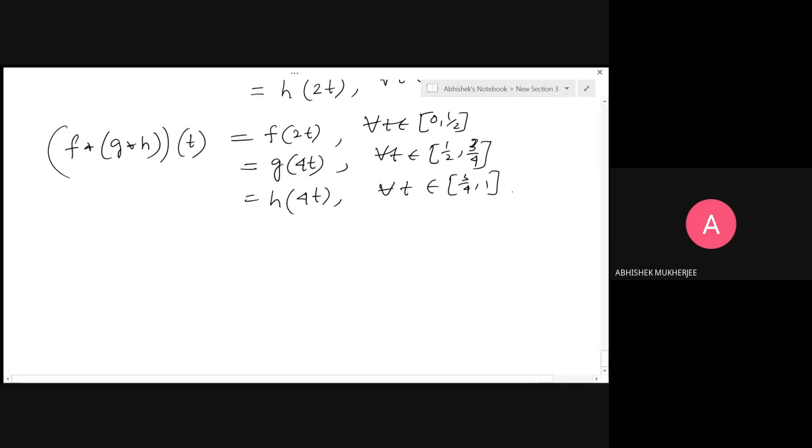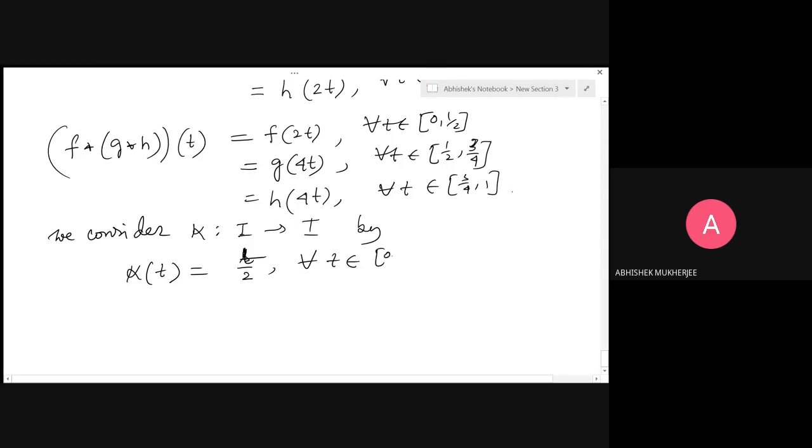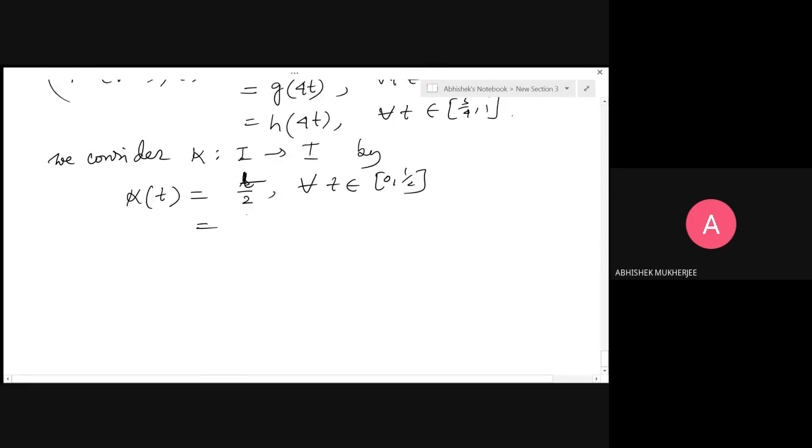Now we consider a path in the interval 0, 1, k, which is from I to I, defined by k of t equals t by 2 for all t belonging to 0, half; it is t minus 1 by 4 for all t belonging to half, 3 by 4; and similarly 2t minus 1 for all t belonging to 3 by 4 to 1.